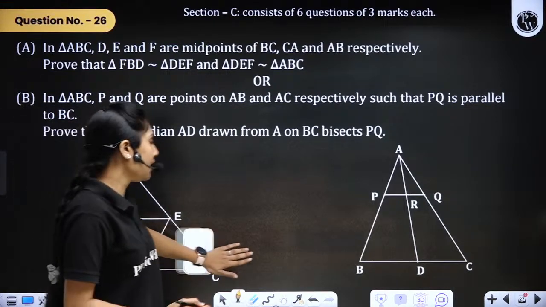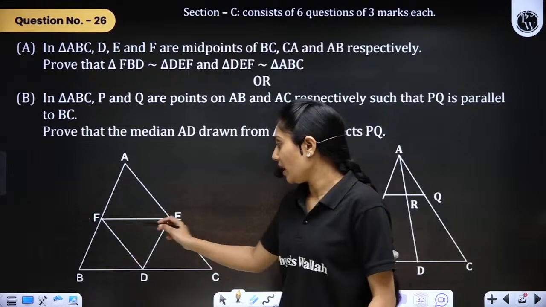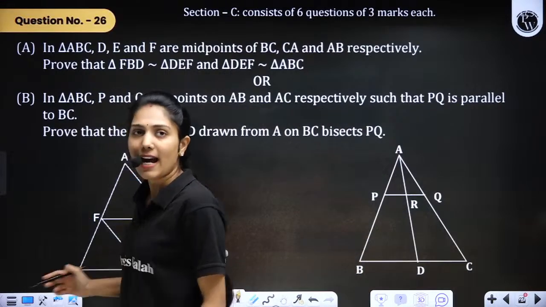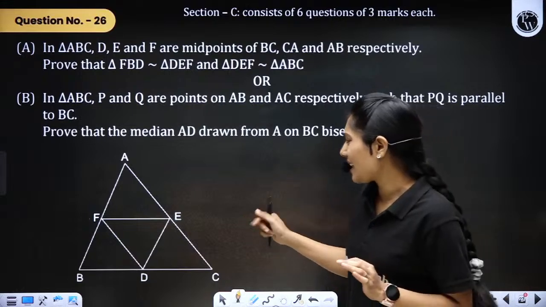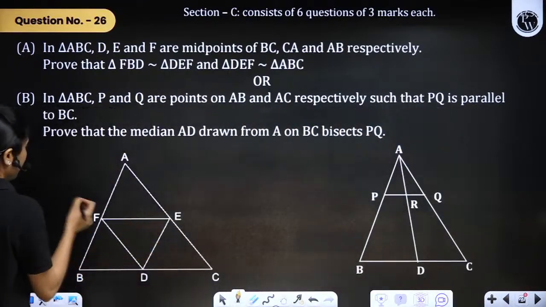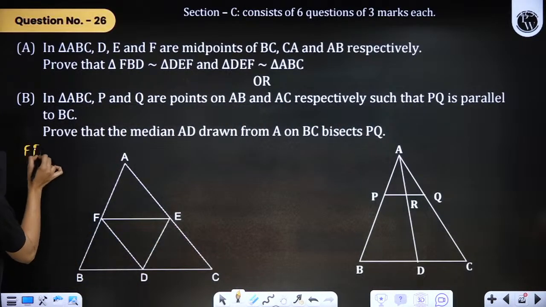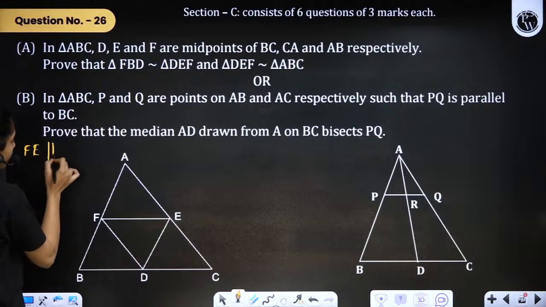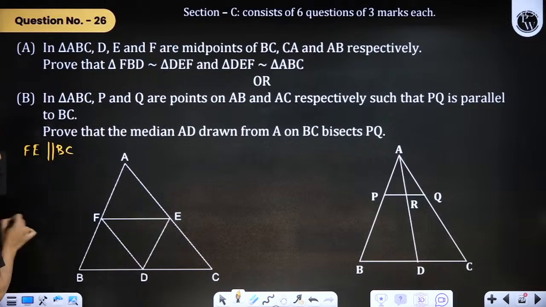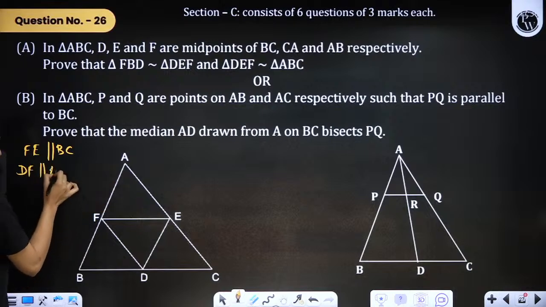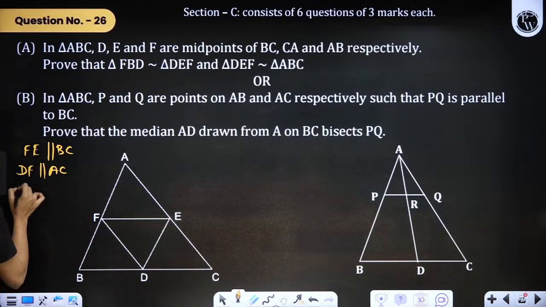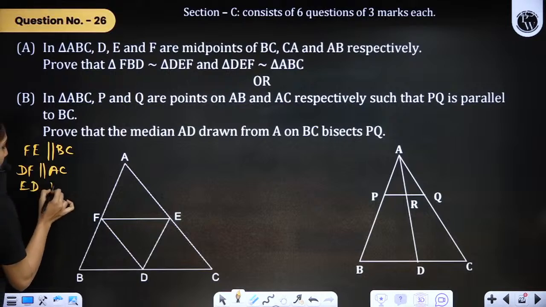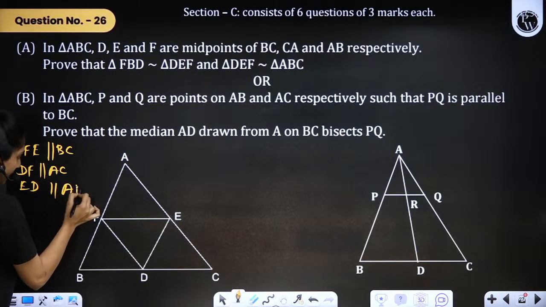Okay. So it's given that these three points are the midpoints of each side. Now since these are midpoints, can I say here that FE is parallel to BC? Similarly, DF is parallel to AC and ED is parallel to AB. Okay.